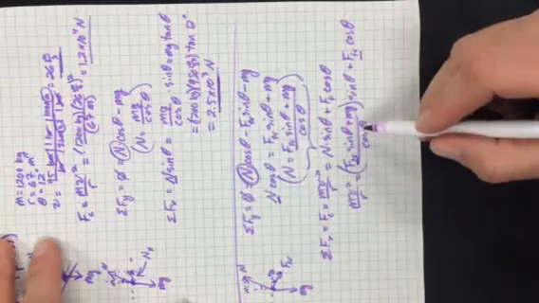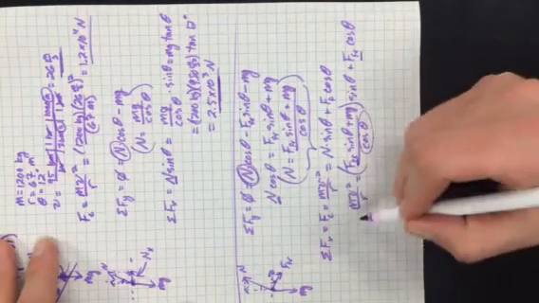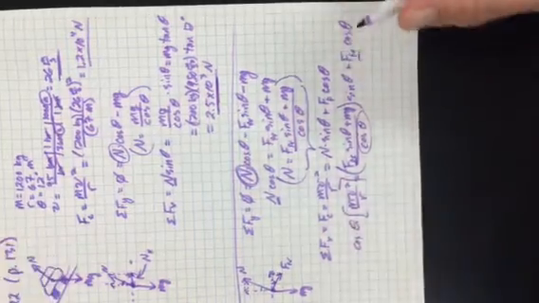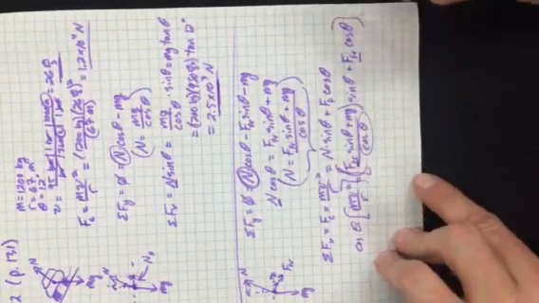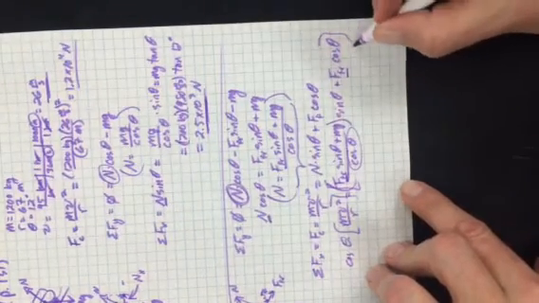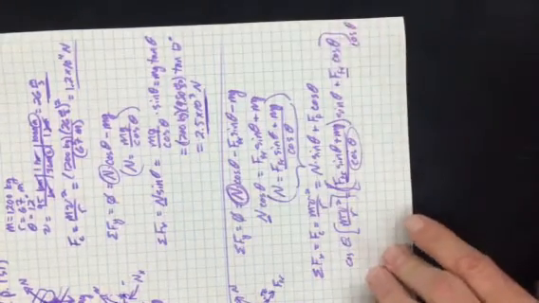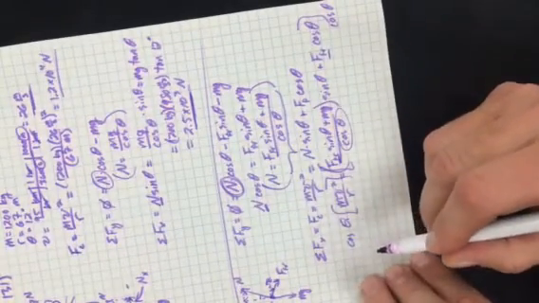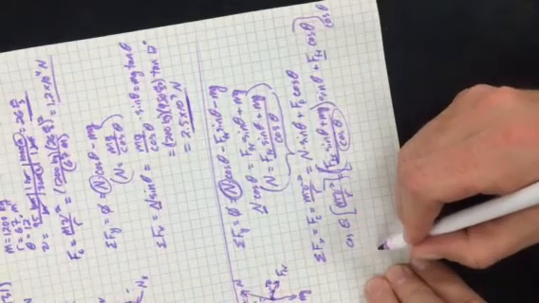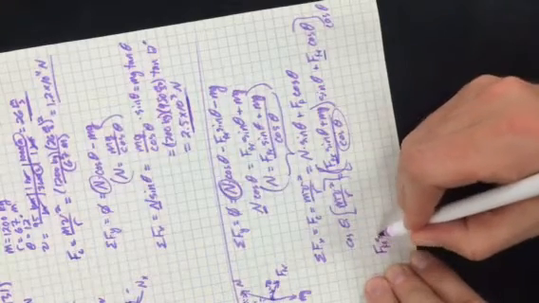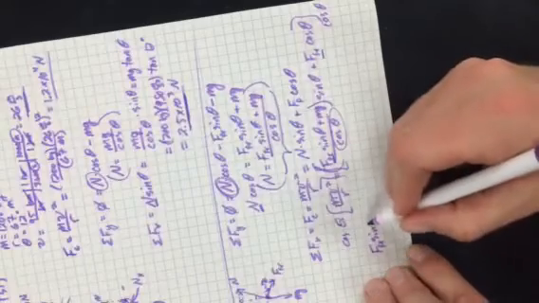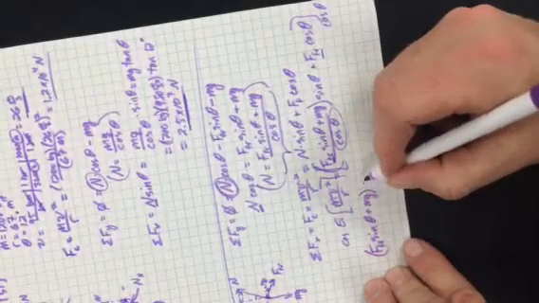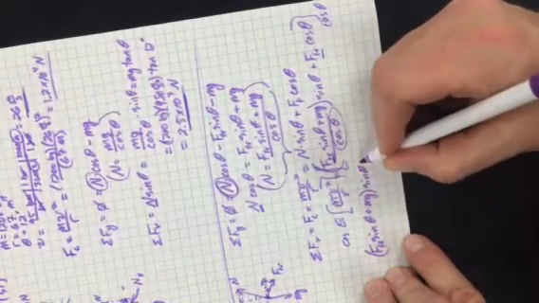So first thing I need to do is I got to get rid of this denominator. So I need to multiply both sides by the cosine. When I do that, I end up with this plus this times sine of the angle.